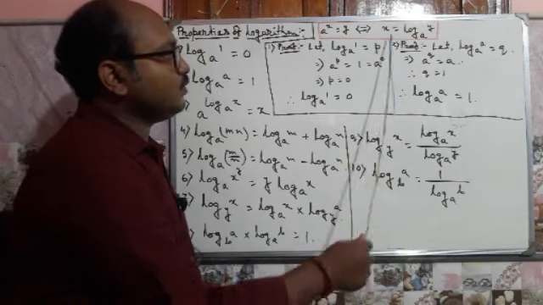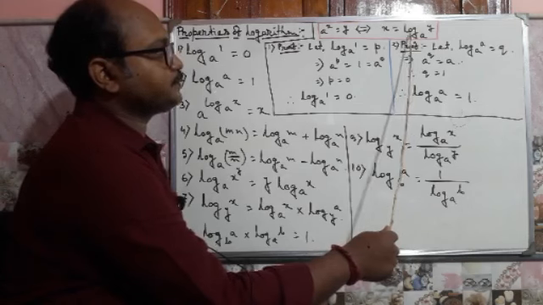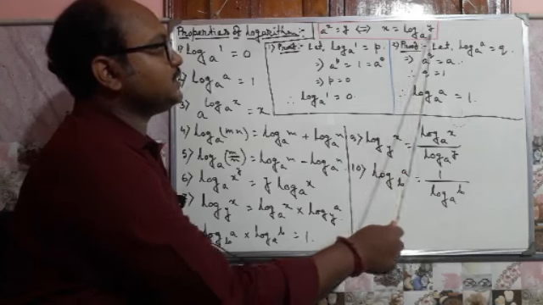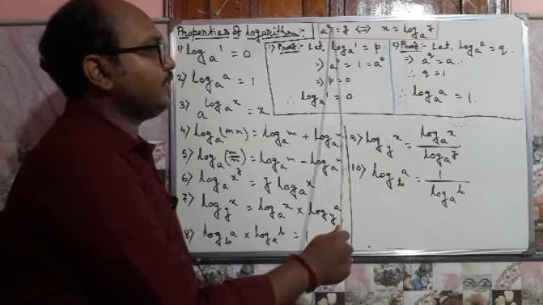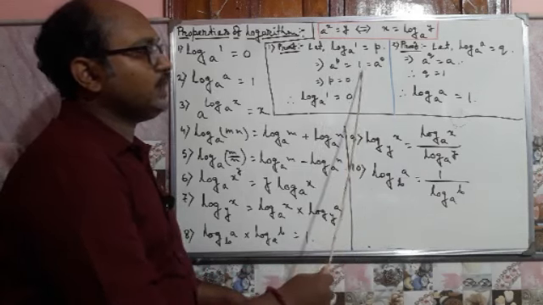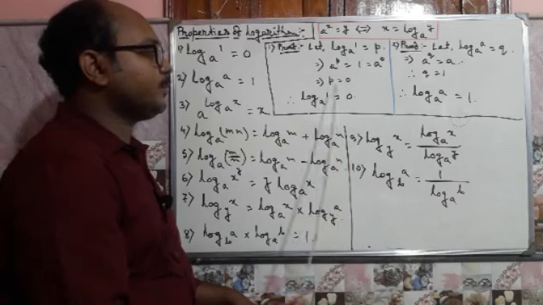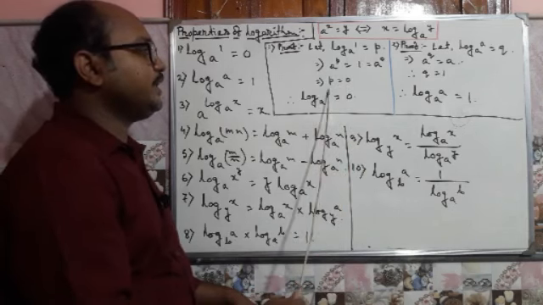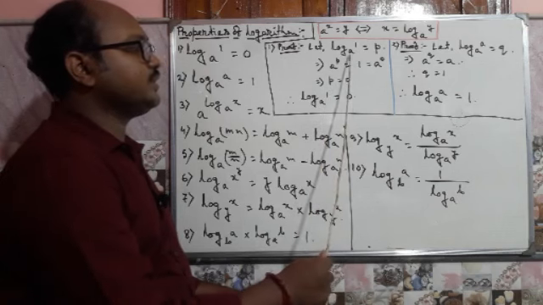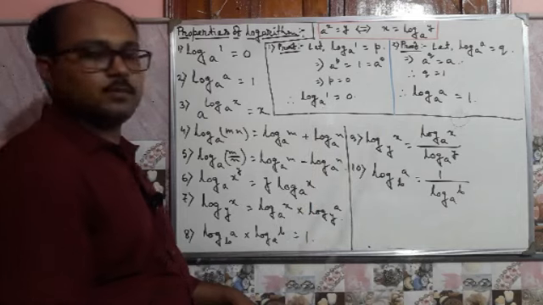Comparing the two lines, here a to the power p will be equal to 1. 1 means a to the power 0, so ultimately we get p equal to 0. What is p? p is equal to log 1 to the base a. So log 1 to the base a is equal to 0.